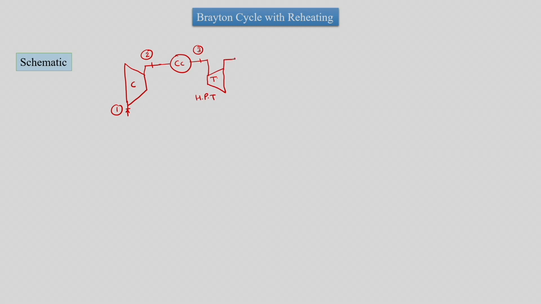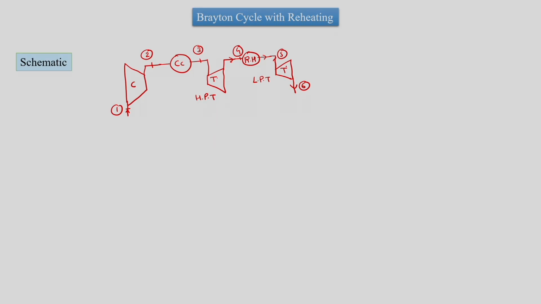The exit of the high pressure turbine is given to again a heat transfer unit, and that is called the reheater, and after reheating air will pass into again a turbine, and that turbine is the low pressure turbine, and then air would go out. So this is the schematic of the Brayton cycle where an extra component, the reheater, is added.